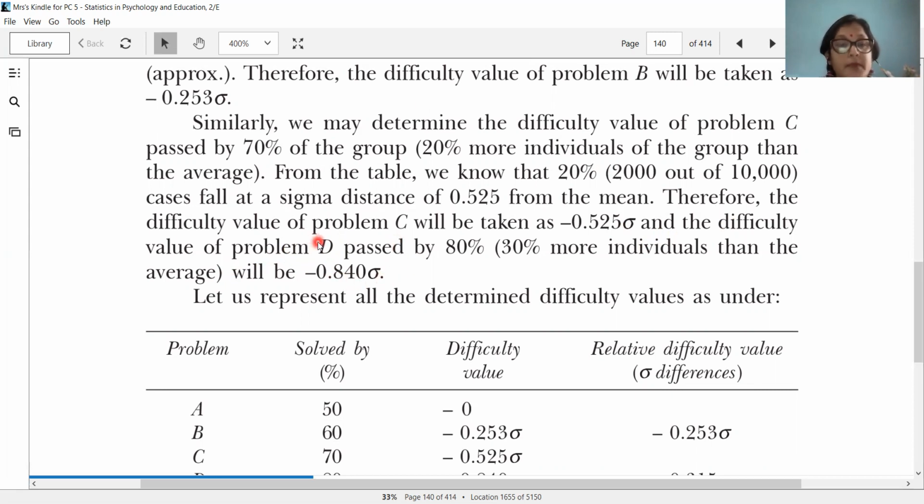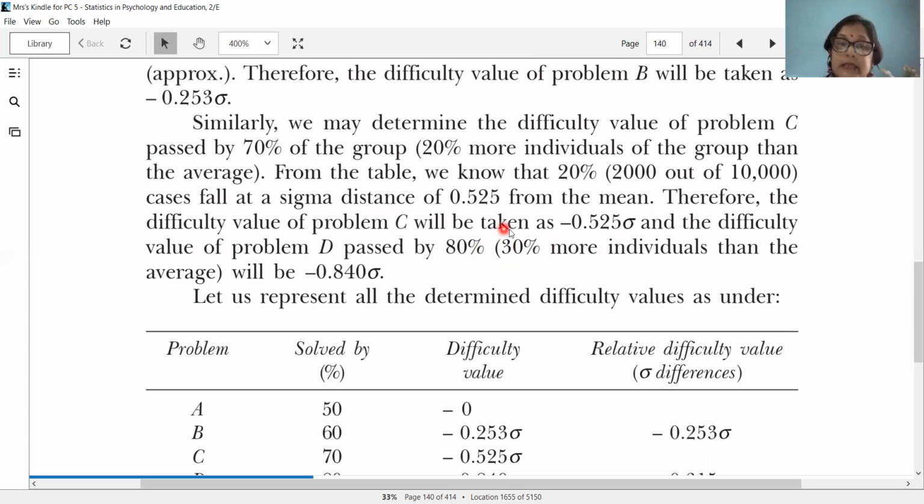Because problem D is solved by 80% of the group. It means 30% more individuals than the average are able to solve this problem. So now we need to find the sigma value for 30% or 3,000 out of 10,000 cases from the normal curve table.